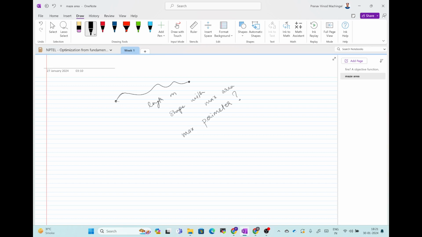The perimeter will be the same, right? Because the length of the rope is constant. Correct. So whatever shape we make, it will have the same perimeter. That was just a simple question.